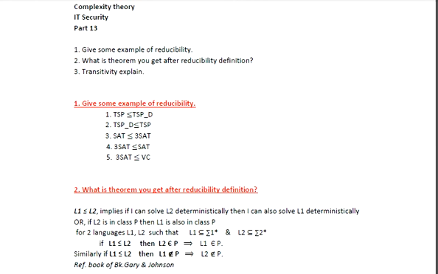We know that the traveling salesman problem, TSP, can be polynomially reducible to TSPD, the traveling salesman decision problem. Next, TSPD can be polynomially reducible to TSP.